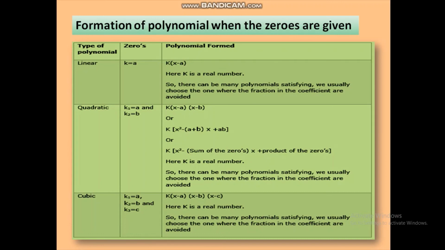Now if we talk about cubic polynomial, it has 3 zeros as k1 is a, k2 is b and k3 is c. So it can be expressed as k under bracket x minus a, bracket close, again under bracket x minus b and under bracket x minus c.